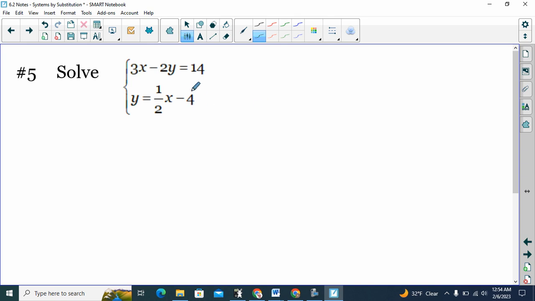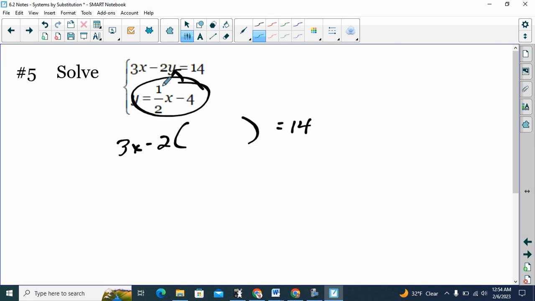Y equals 1/2 x minus 4. So 1/2 x minus 4 goes in for my y. So 3x minus 2 times y equals 14. But instead of y, we are putting in 1/2 x minus 4. We distribute. Negative 2 times 1/2, that's negative 1x.